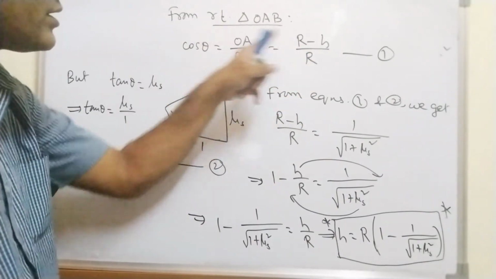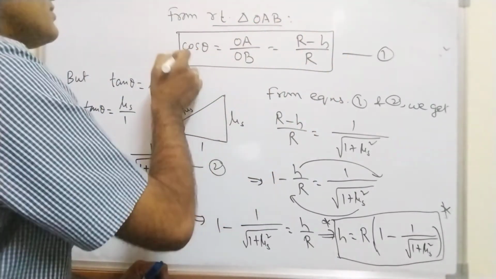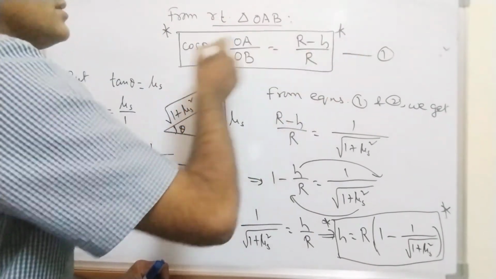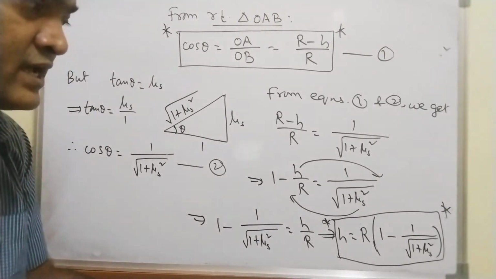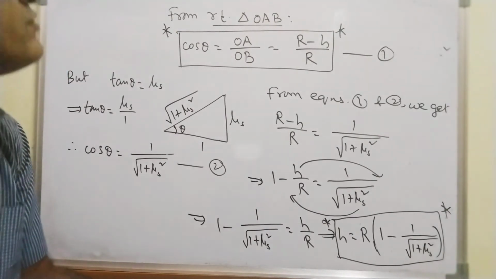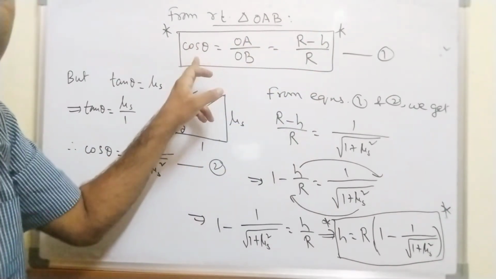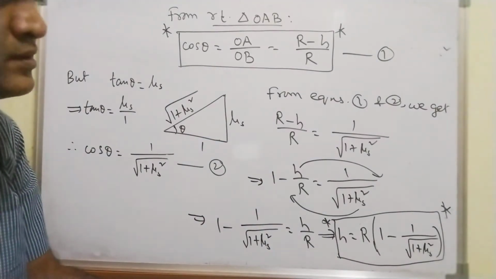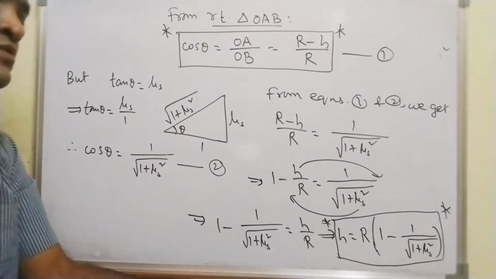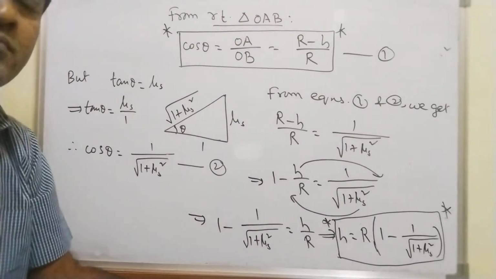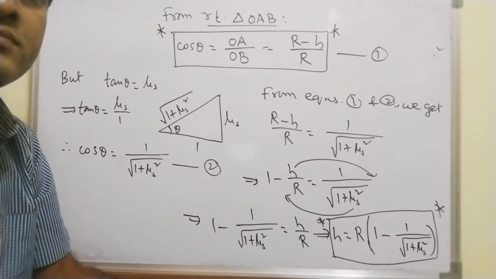Once you know the angle, you can find the height directly from this formula as well, without calculating the value of mu s. I cannot remember all the formulas, but try to remember the maximum number of formulas. Fine. Let me go to another important problem.